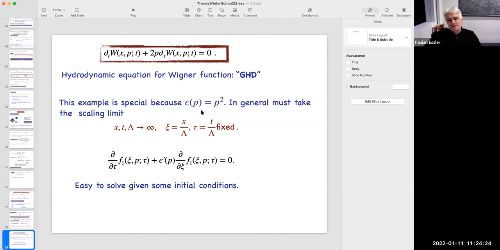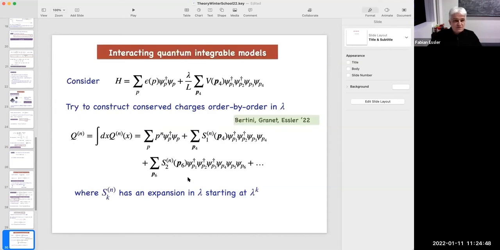This is just an artifact of the fact that my dispersion was simply quadratic, p squared. In general, you have to go back to this limit that we introduced for the quantum Boltzmann equation, and get precisely back this hydrodynamic equation for the Wigner function. And that's easy to solve given some initial conditions.